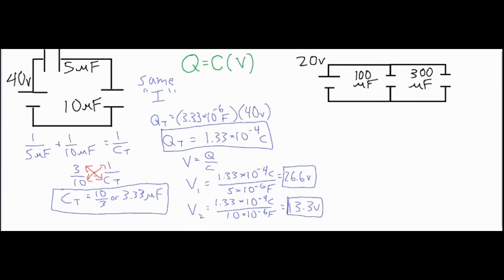All right, now for our second one, we have a similar scenario, but we have a different set of rules. Now, if you want to find the total capacitance, that is just simply the sum of each of your individual capacitors.